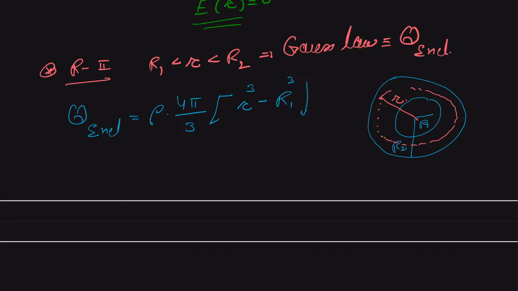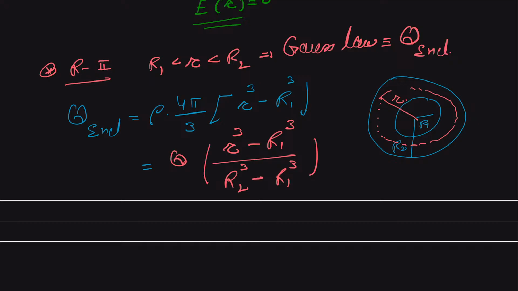And we can write this in the form of the given charge also, because the given charge is Q. So this Q enclosed we are going to get as Q times (r cube minus r1 cube) divided by (r2 cube minus r1 cube).